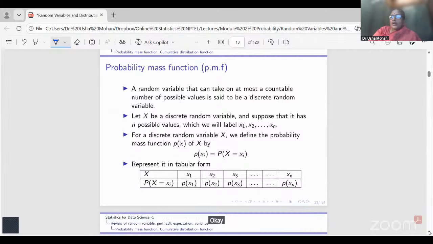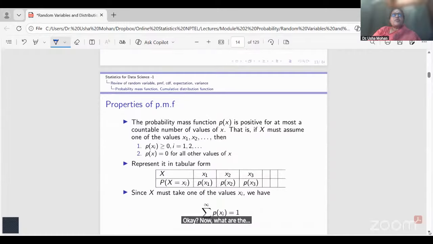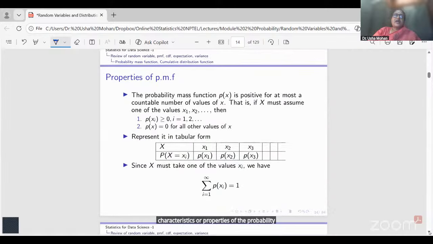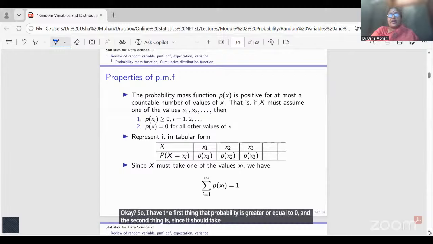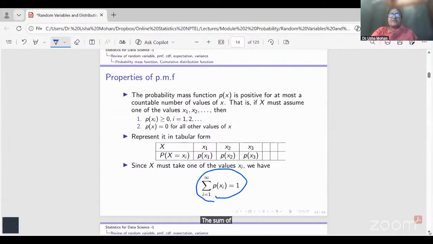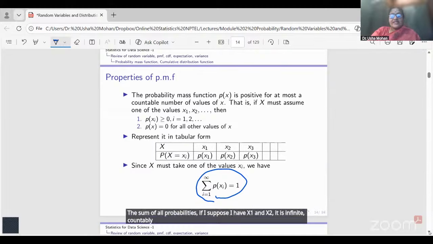Now, what are the key characteristics or properties of the probability mass function? The first property is that probability is always non-negative. This is something that we already know. So probability is greater than or equal to 0. And the second thing is, since the random variable must take some value, the sum of all probabilities should be equal to 1, even if the values x1, x2 and so on are countably infinite.